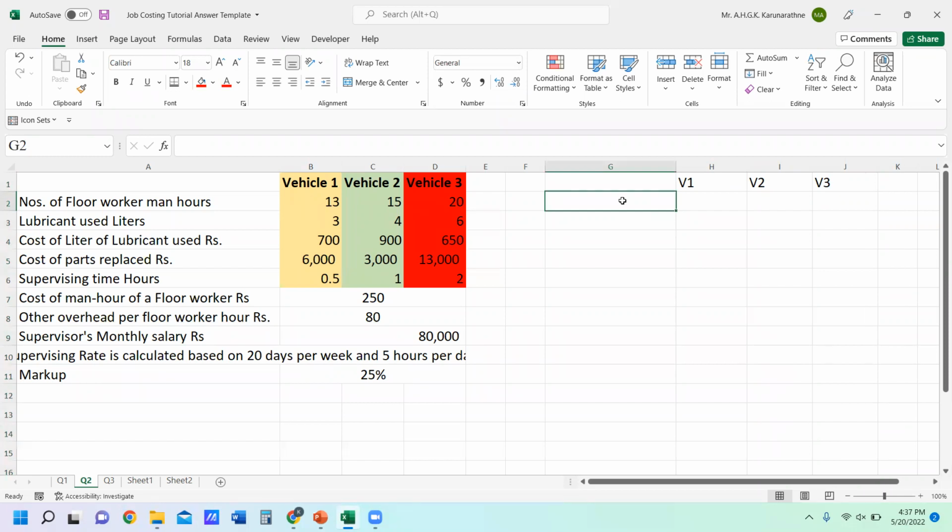Right. So we'll just take all the costs incurred with respect to each and every job separately and add them together. Then we can identify the cost of each job and add the markup and determine the price. Okay. So let's have a look at all the information.